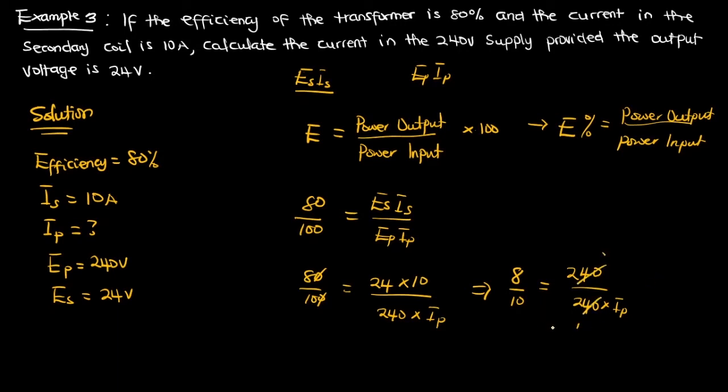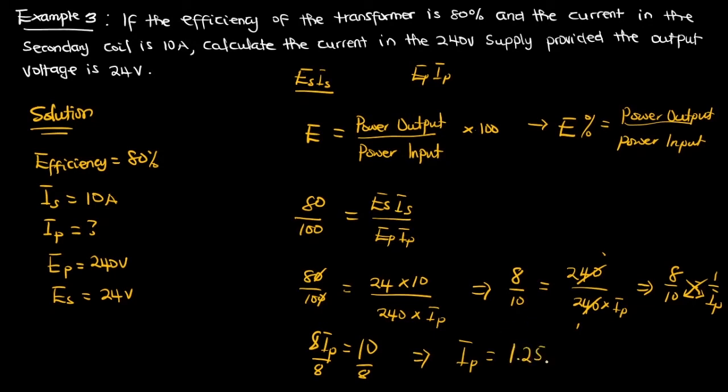So we have 8 over 10 is equal to 1 over IP, because this has cancelled out. So we cross multiply, and it becomes 8 IP is equal to 10. We divide both sides by 8. Therefore IP is equal to 10 divided by 8, which gives us 1.25 amperes as my answer. So this is my answer for this particular problem.